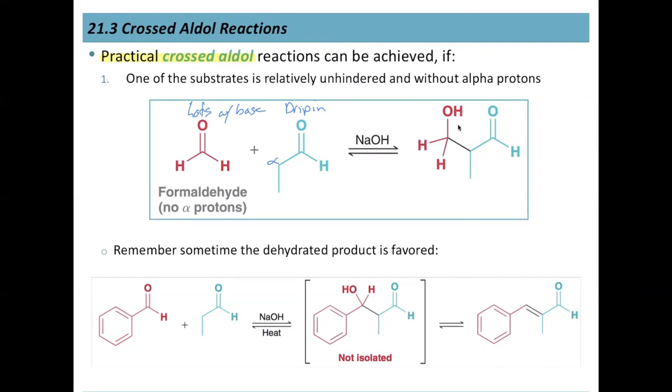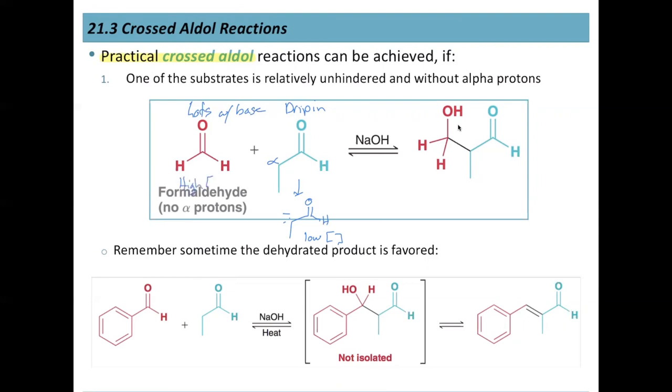And as we drip it in, it's going to make a small amount of enolate. And this is going to be in low concentration compared to the formaldehyde. And so this is going to be in high concentration.